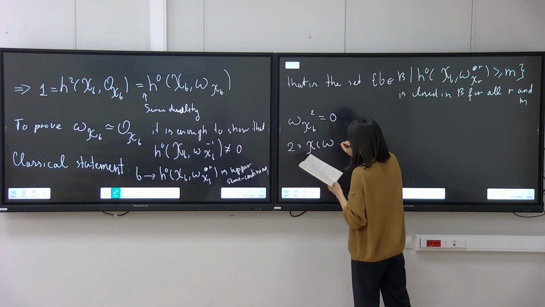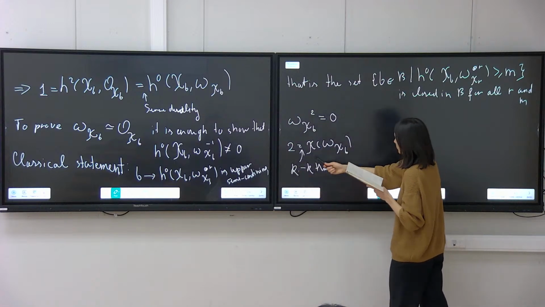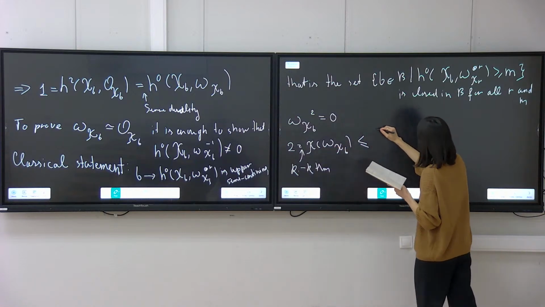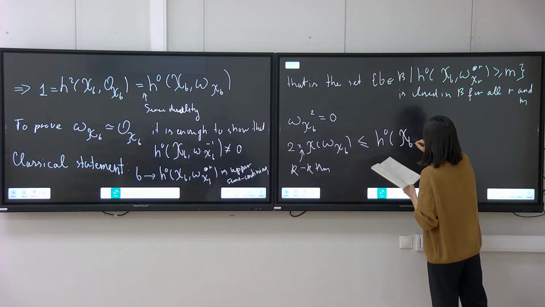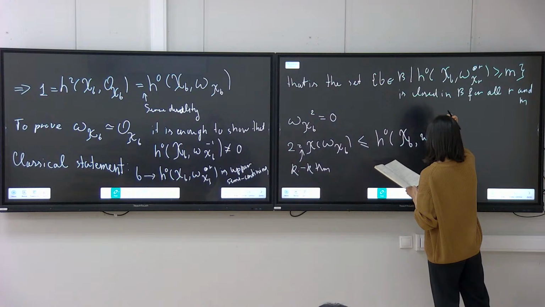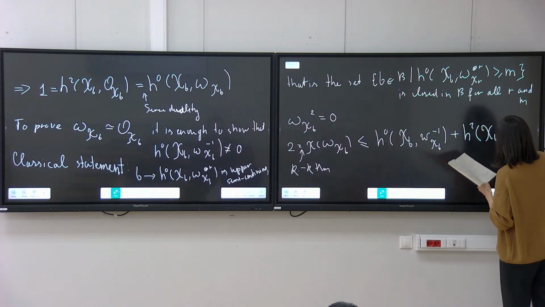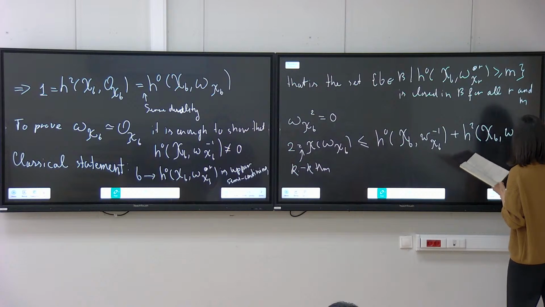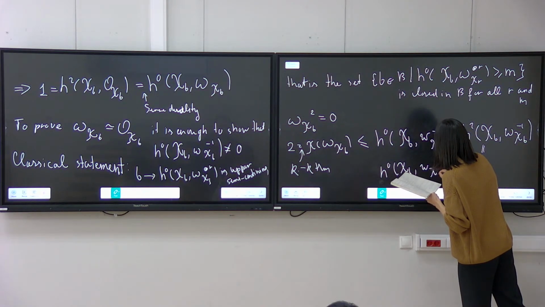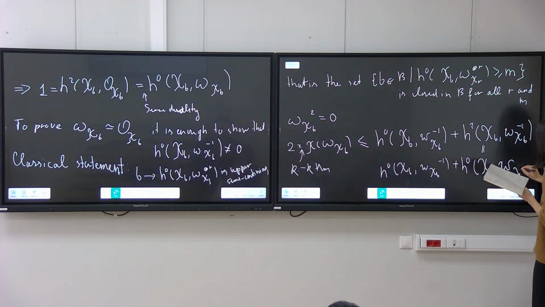So from the Riemann-Roch theorem, we obtain that 2 is equal to the Euler characteristic of the canonical bundle, and this is less or equal to, and this is from Serre duality, X_b plus the Euler characteristic.